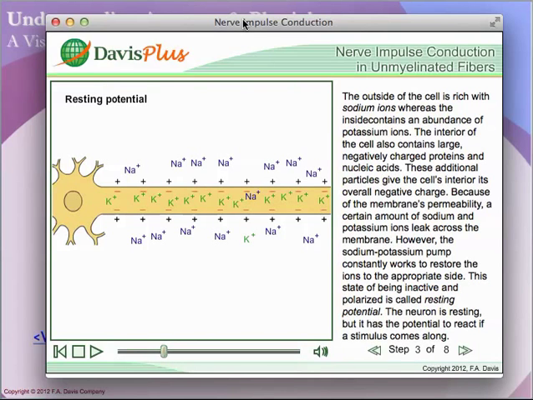Because of the membrane's permeability, a certain amount of sodium and potassium ions leak across the membrane. However, the sodium-potassium pump constantly works to restore the ions to the appropriate side. This state of being inactive and polarized is called resting potential. The neuron is resting, but it has the potential to react if a stimulus comes along.